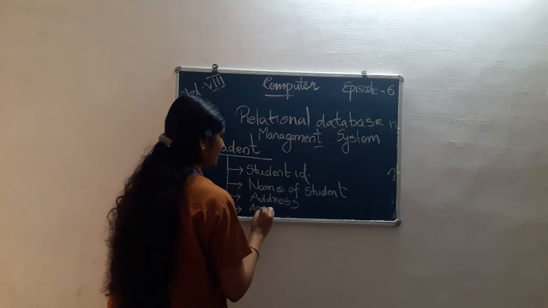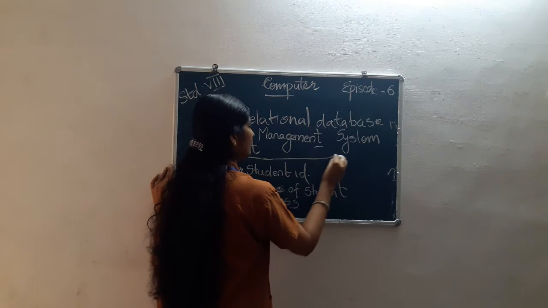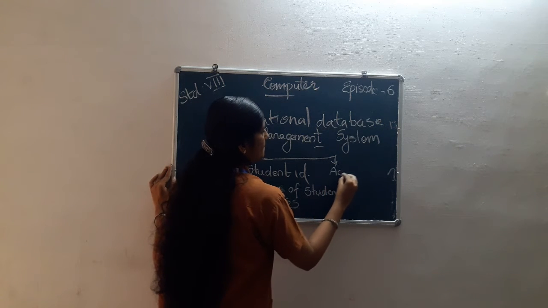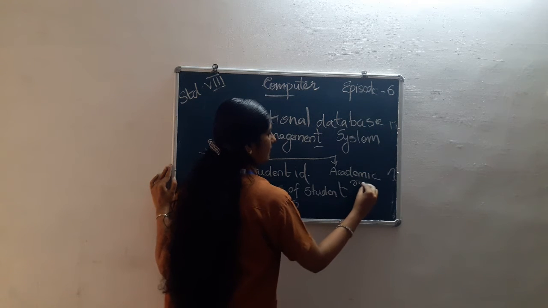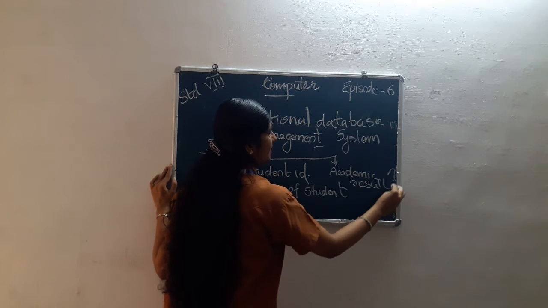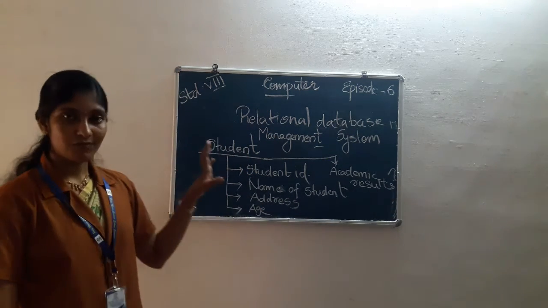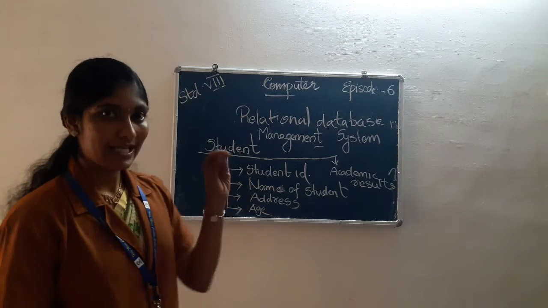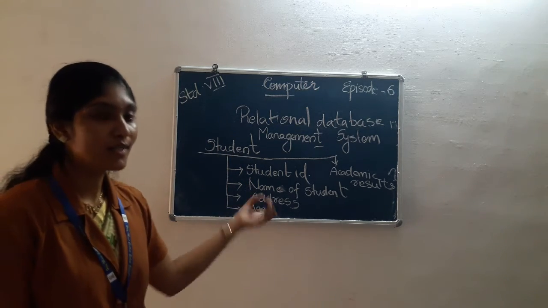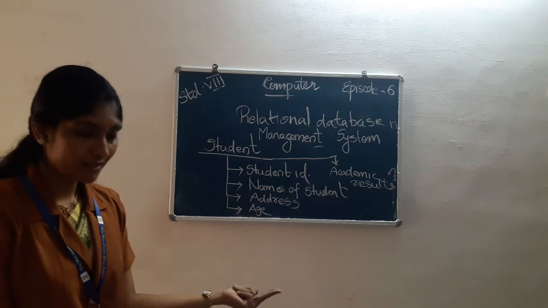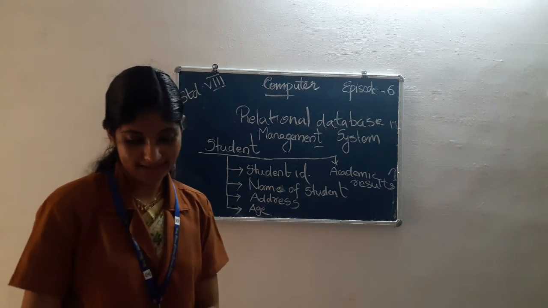Then academic result, etc. So these are the details about a student. That means if we consider a student in a table, the student details are student ID, name of the student, address, age, academic result, etc.